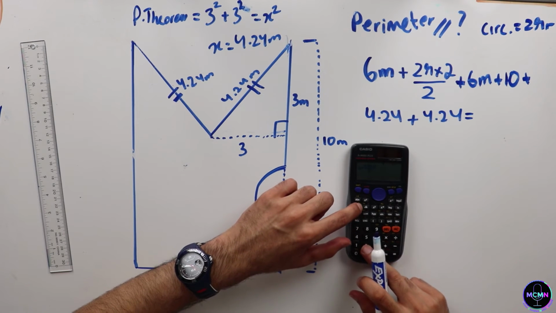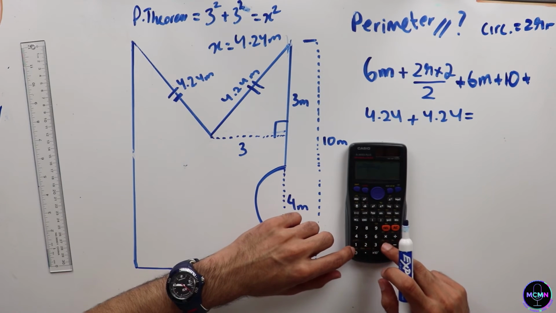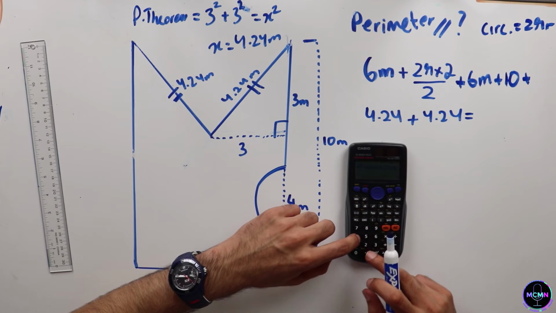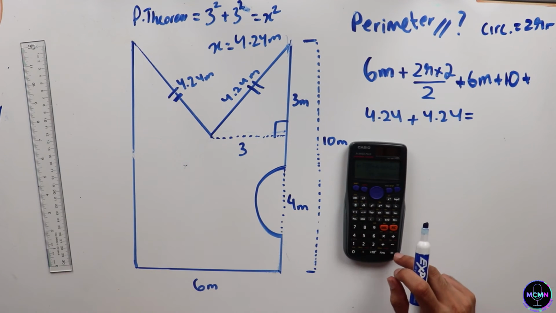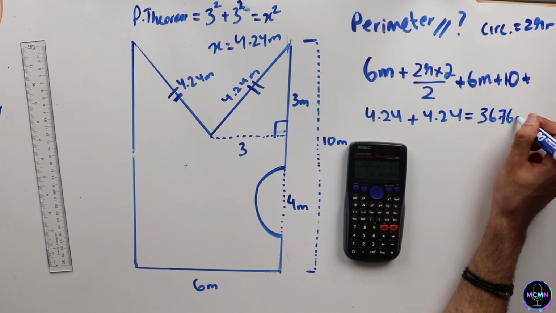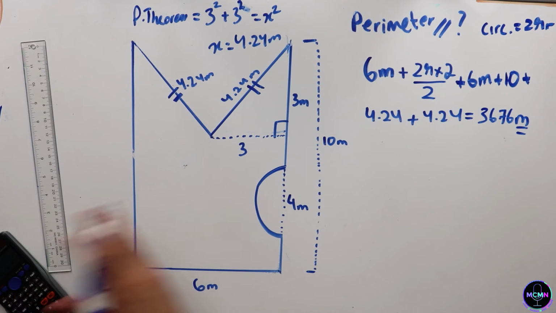Adding another 6. Adding 10. Adding 4.24. And adding another 4.24. Gives me a total of 36.76 meters. Do not forget your units. And there's the perimeter of our very weird looking shape. It's pretty simple once you break it down to shapes that you recognize.